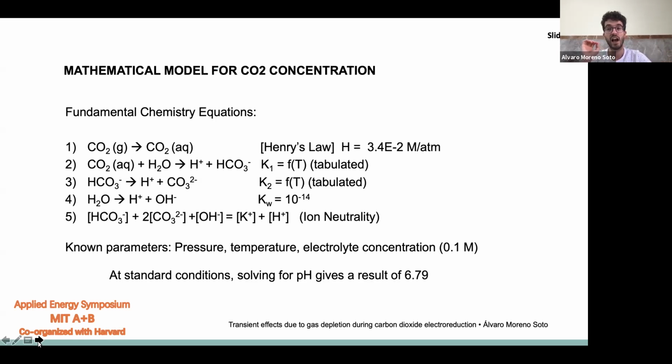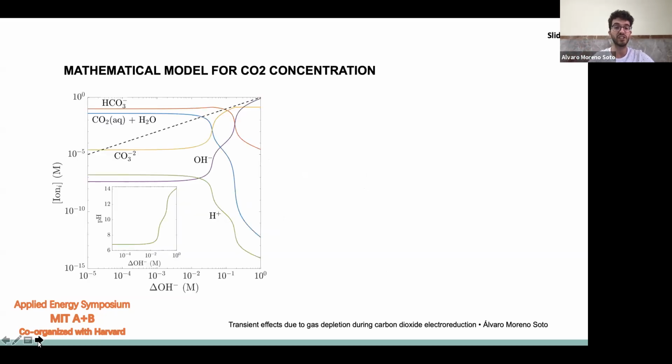pH is going to be a critical way of measuring the concentration of CO2 in our solution, because pH is sensitive to that CO2 change. But it's not only sensitive to the CO2 change, it's also sensitive to the change in hydroxide ion concentration. And when are we producing hydroxide ions?